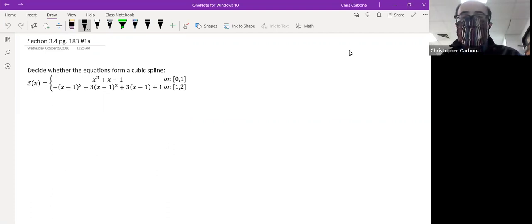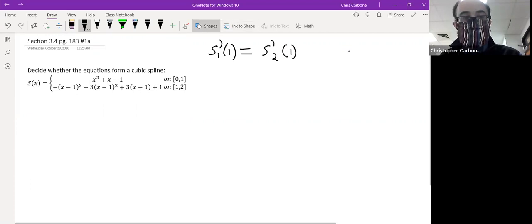In order for us to have a cubic spline, one of the couple of properties that we would need to verify is if we take the derivative of the first equation at the endpoint that they share, so here they share 1, so this would be at 1, whether or not it's equal to the derivative of that second equation at, again, the endpoint of 1.